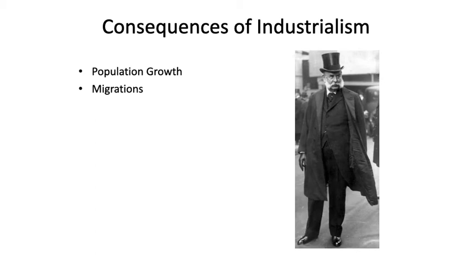And same as it happens in Spain, you'll find Spanish migrations of large numbers of people to Argentina, for example. So these are the types of population shifts that also are a consequence of industrialism. The greater number of people living in urban squalor or worse conditions than they had in the countryside is also a consequence.